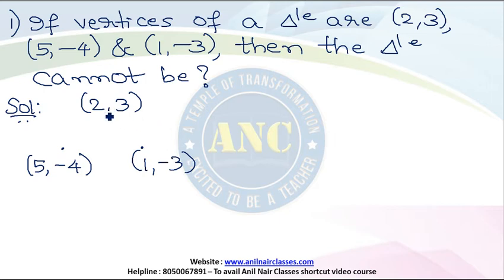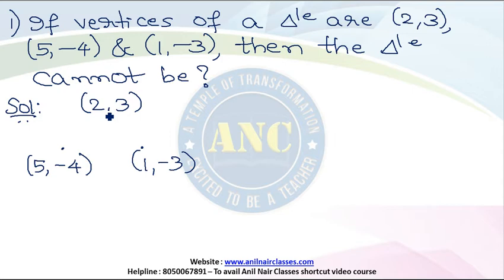2 and 3, what are these numbers? These are rational numbers. What is the meaning of a rational number? Rational numbers are numbers which do not have any surd. That means it will not have any square root or cube root or nth root. Such kind of numbers: 2, 5, 9, minus 7, minus 15, minus 23. All these numbers are rational numbers.